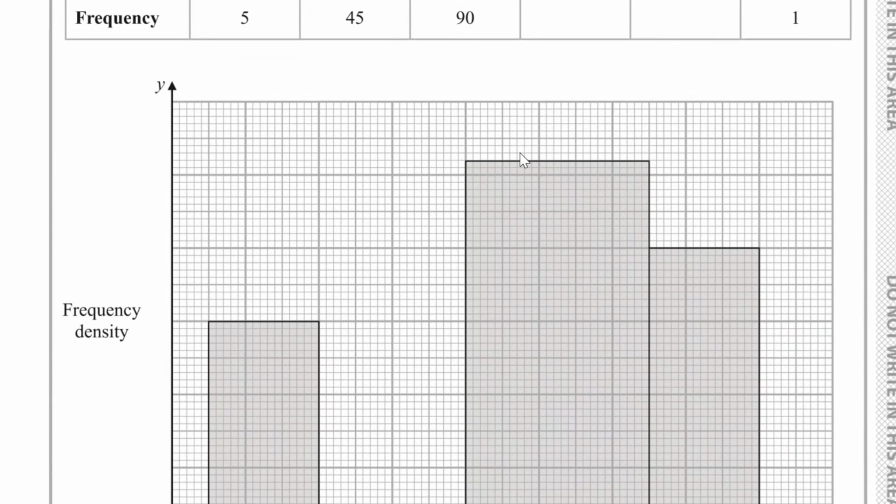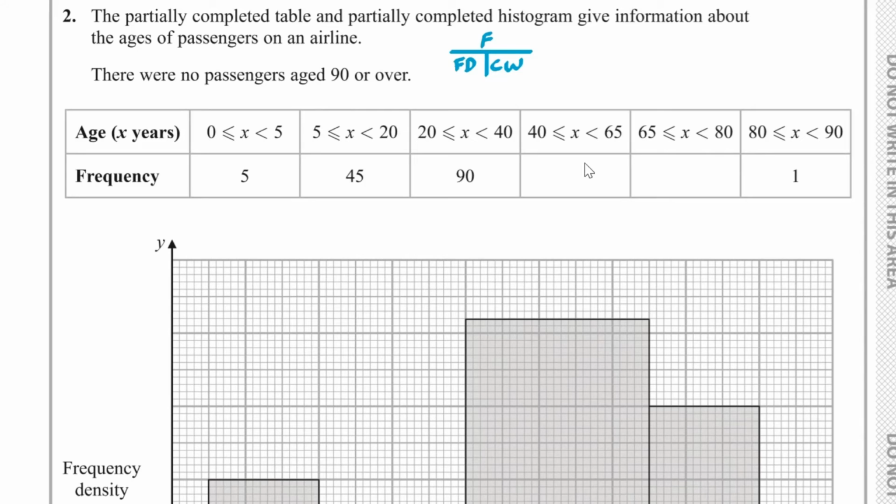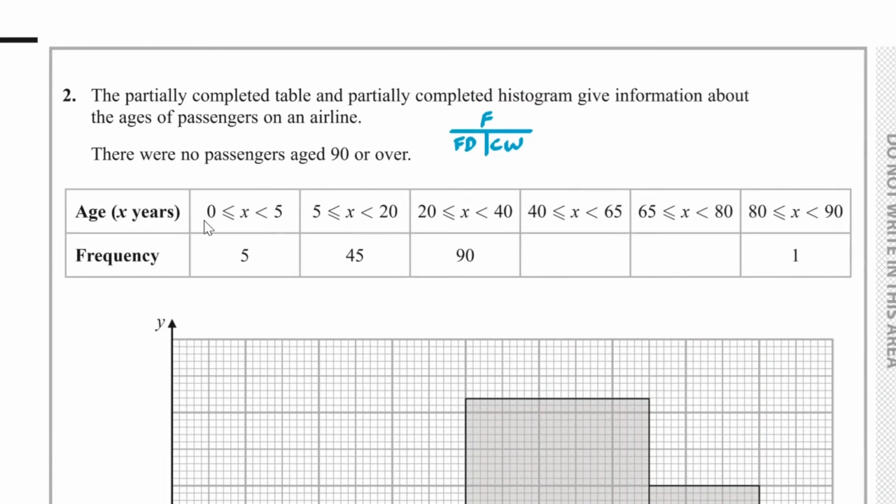Now, what I will do is focus on the different intervals and see what I can calculate from there. If I take a look at the first interval, 0 to 5, the frequency is 5, the class width is 5, and with this I can find the frequency density.